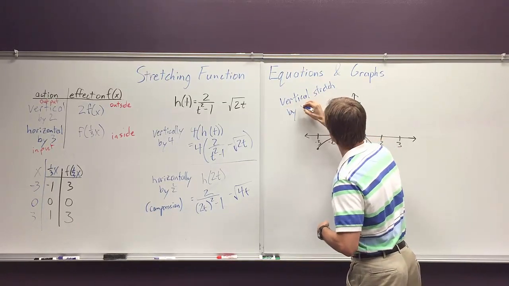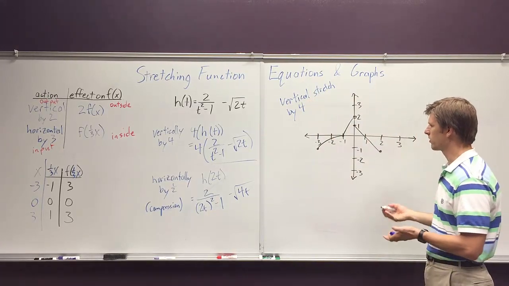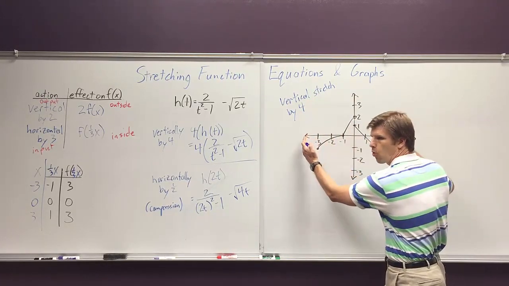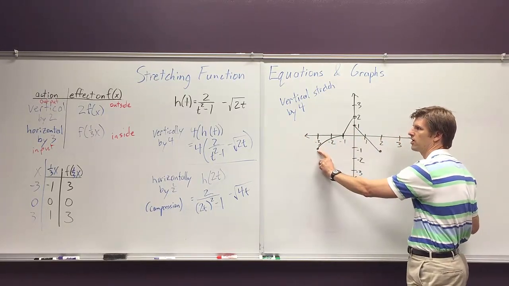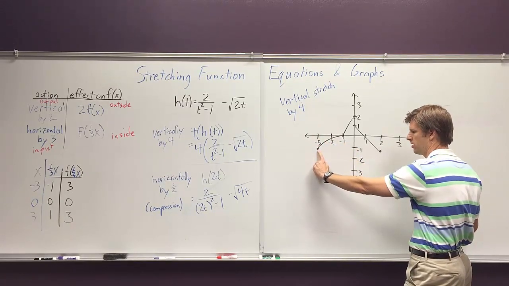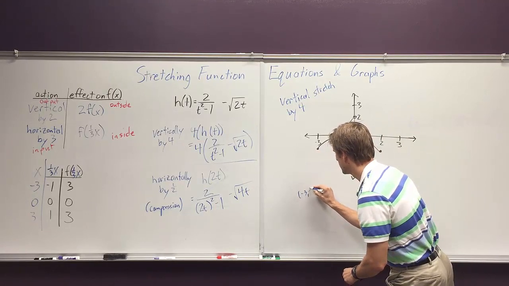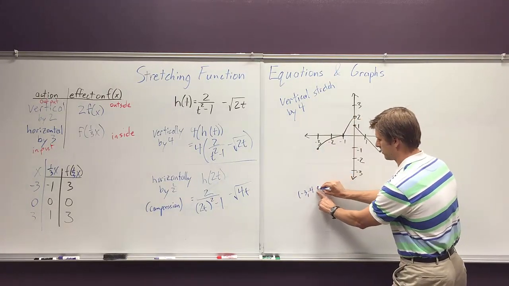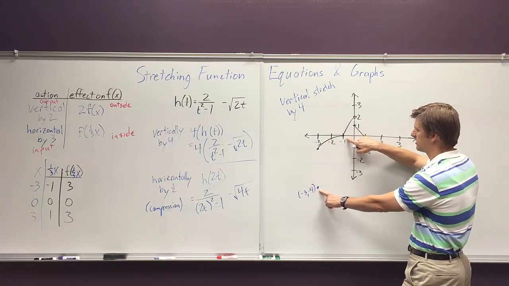Let's do a vertical stretch by, let's do 4 again. Okay, so what do I do here? Well, I don't change the horizontal position, but I take every y coordinate and I make it 4 times the magnitude. So this is -3, -1. Now I'm at -3, -4. I won't write all the coordinates, but you can see what's happening there. This point is -1, 0.